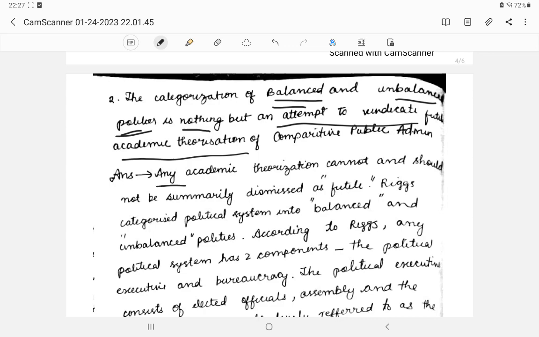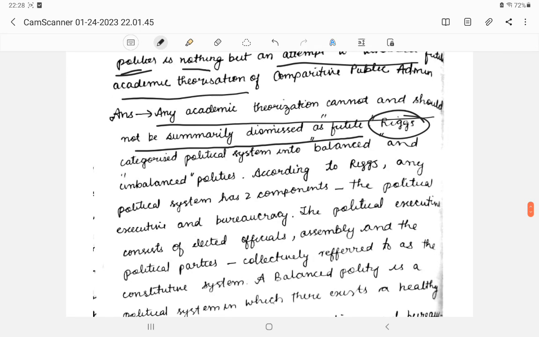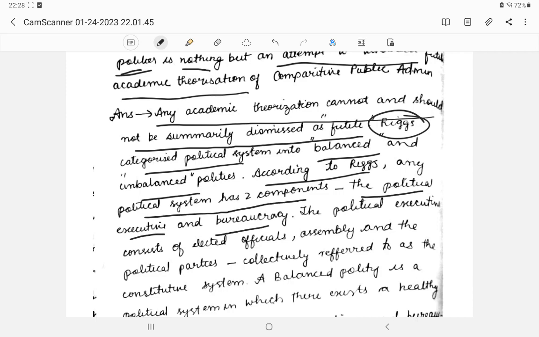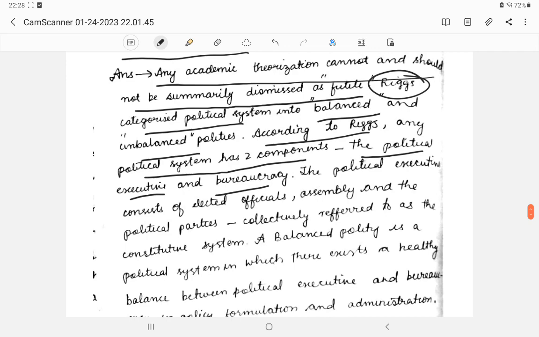So any academic theorization cannot and should not be summarily dismissed as futile. Riggs categorized political systems into balanced and unbalanced polities. According to Riggs, any political system has two components: the political executive and the bureaucracy. The political executive means ministers, and bureaucracy means IAS, IPS, IFS.